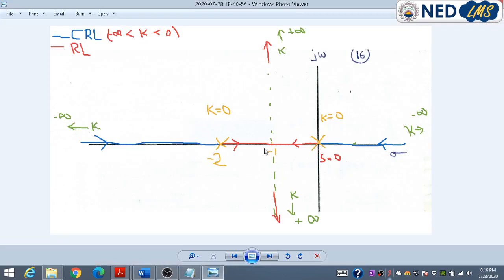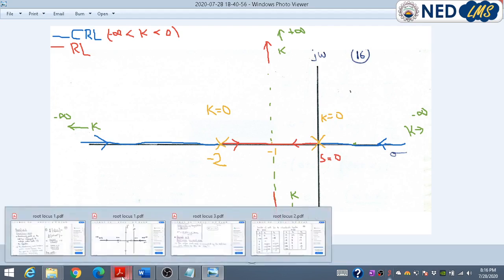One branch is moving in this direction and another branch is moving in this direction, and both branches will meet at some point. This point corresponds to a number of roots equal to the number of branches involved in the breakaway point. So here two branches are involved, which means when they meet, the meeting point corresponds to two roots of the system. The roots will be real and equal according to the situation given here.